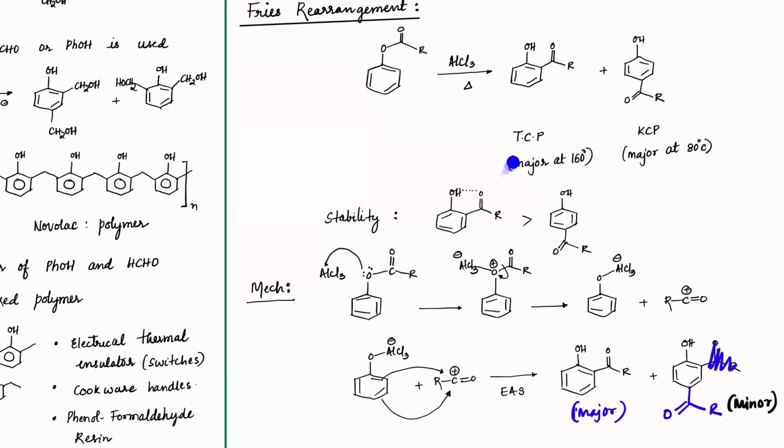Okay, and this TCP is explained on the basis of strong intramolecular hydrogen bonding here, right? As compared to that, this one will have some intermolecular bonding, but not as great as that of ortho position. That's why thermally this is more stable as compared to this one.